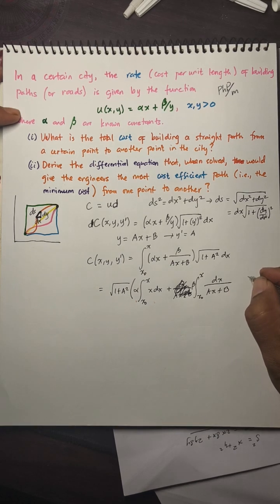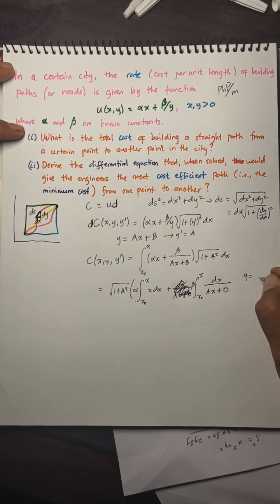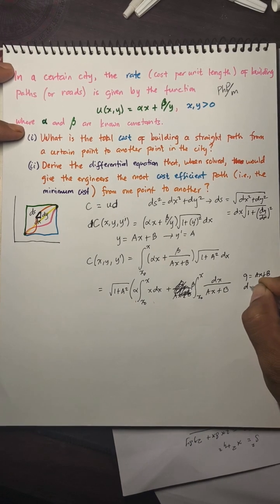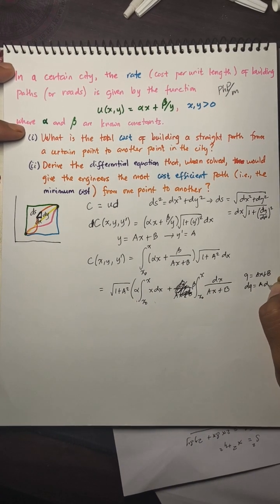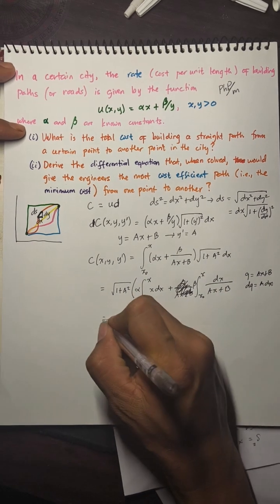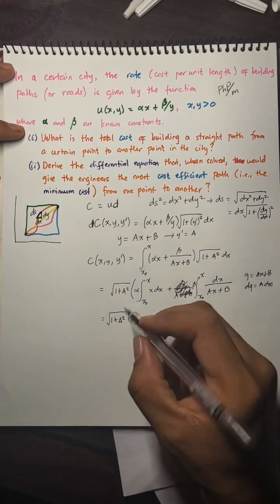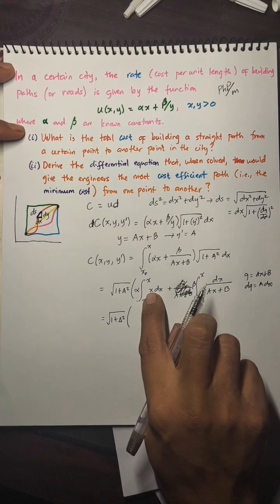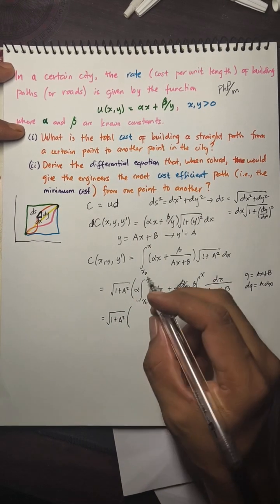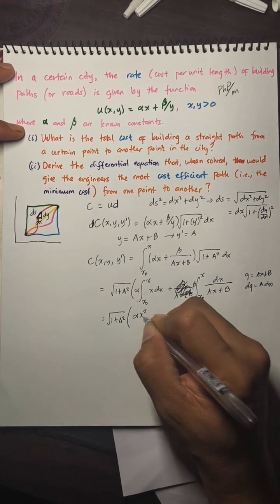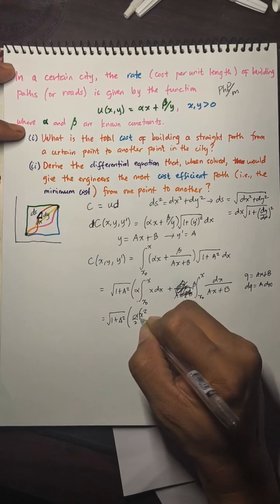We can let q equals ax plus b, so that dq is equal to a dx, so that dx is just dq over a. So here our integral now, this is 1 plus a squared times, this integral is just x squared over 2, so this would be alpha over 2.